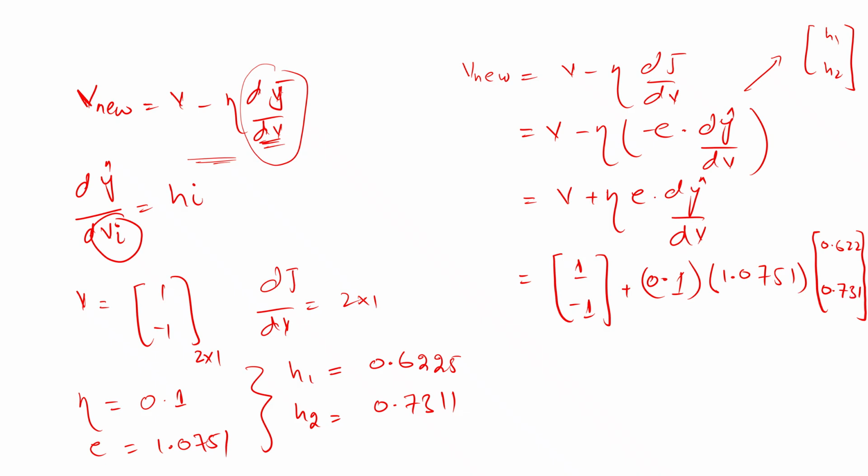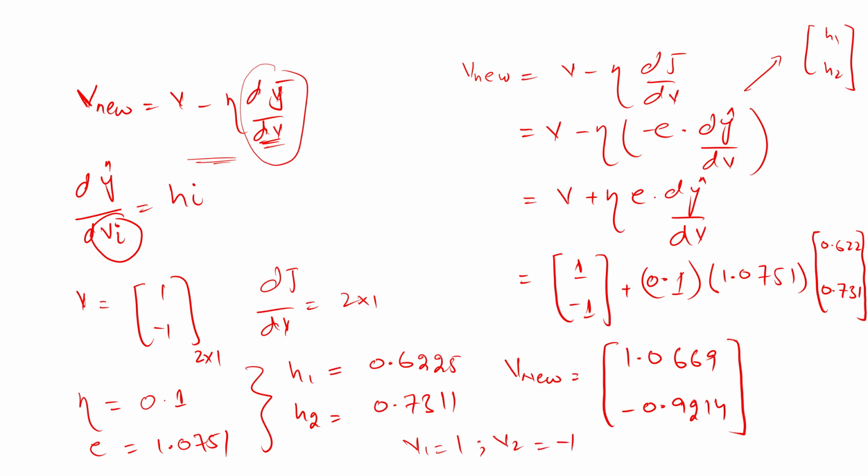After solving this, our v new will be, I will write it directly over here because I already calculated it, 1.0669 and minus 0.9214. So we get this vector. If you recall, we had v1 equal to 1 and v2 equal to minus 1. These values will be updated with these new values.